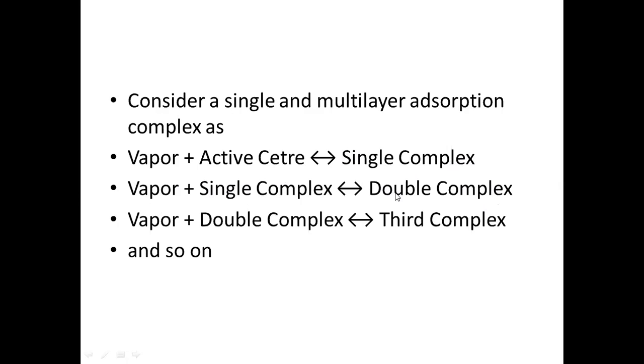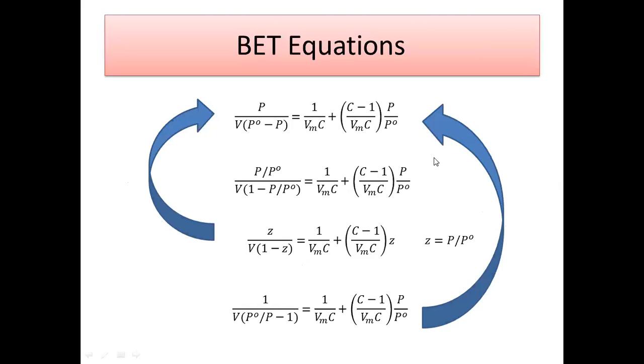So this is again going to act as the active center for the adsorption of another layer of vapors, and then the third layer is formed, and this process will go on depending on how much activity the active center has to retain further molecules of the adsorbate. So this is the way you can explain the formation of the multi-layer adsorption complex. So here, actually, we are not going to derive the equation.